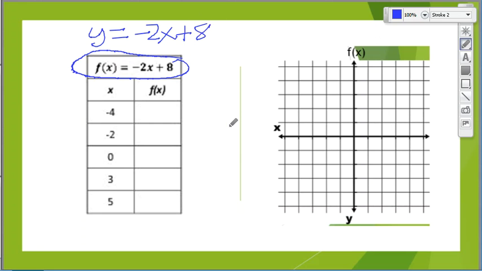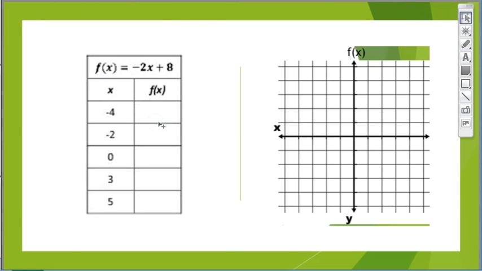So y equals negative 2x plus 8. This is a linear equation. And in order to graph a line, we have to have 2 points that are on the line. And we are going to find those points using a table of values. Okay, so you can see that we have a column of x.